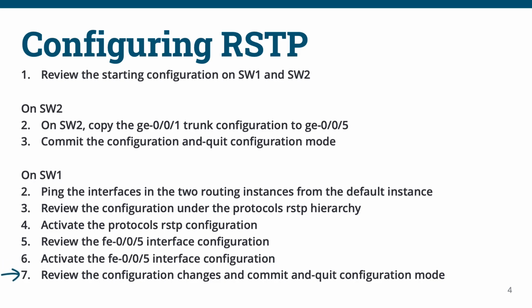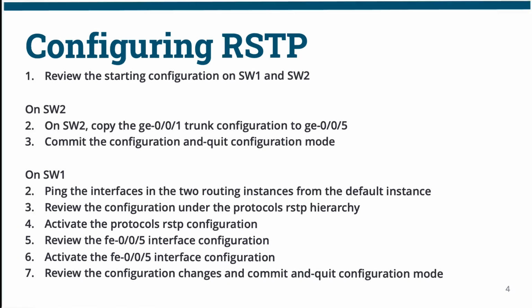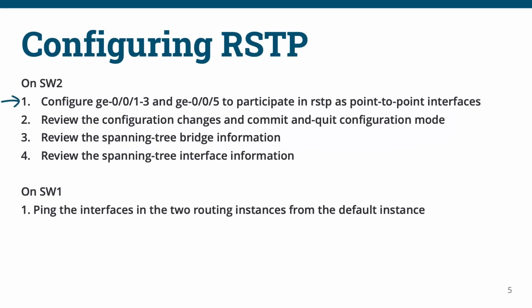At this point, we have a loop formed, as both port 1 and 5 on both switches are now active trunk links. However, we've configured Spanning Tree Protocol. On switch 2, we'll finish the Spanning Tree Protocol configuration and commit.